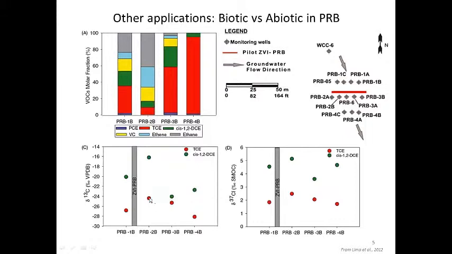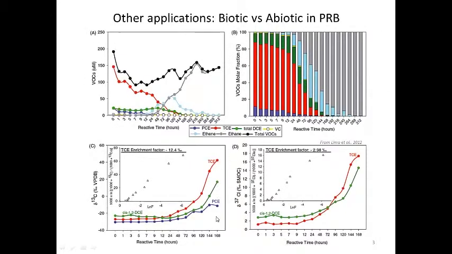So the red point should have been over the green point, as we can see again in the microcosm lab results, where the TCE is all the time more enriched than the cis-DCE. So isotopes can also be applied in a simply qualitative way to point out main processes, like in this case, for example.